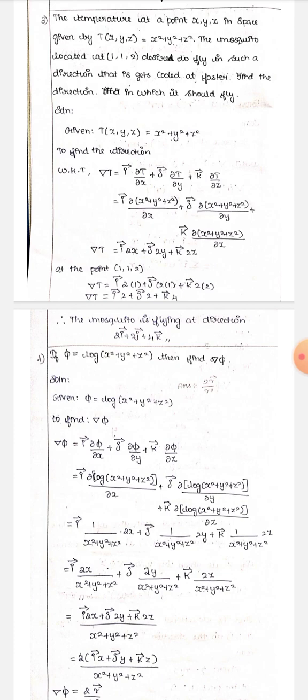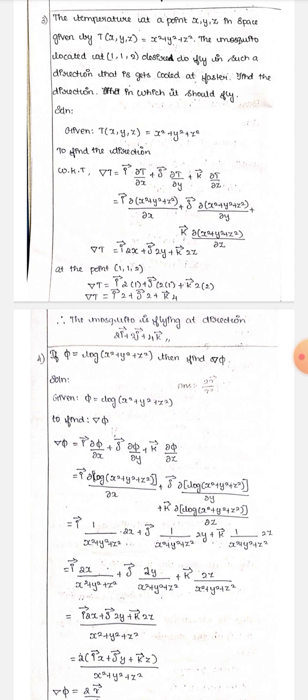Hence del T is equal to i vector of 2x plus j vector of 2y plus k vector of 2z at the point 1, 1, 2. So next, del T is equal to i vector where x is 1, y is 1, and z is 2.